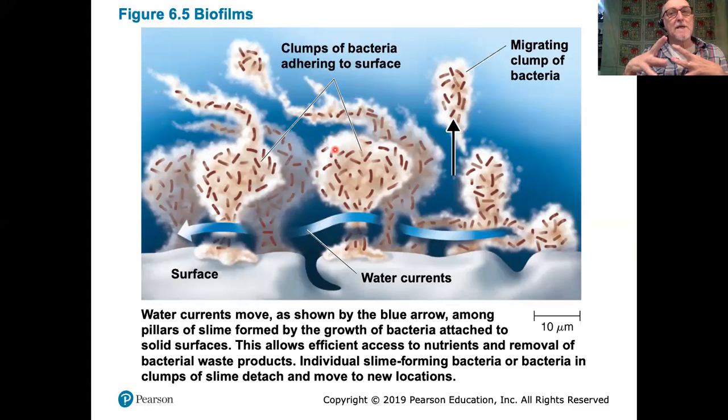It may be several kinds of bacteria at different stages of growth doing various things and cooperating with one another. These clumps can break off and then go and form another film somewhere else. They can settle elsewhere and start a new portion of the biofilm. This is a very common feature of bacterial growth under natural circumstances.